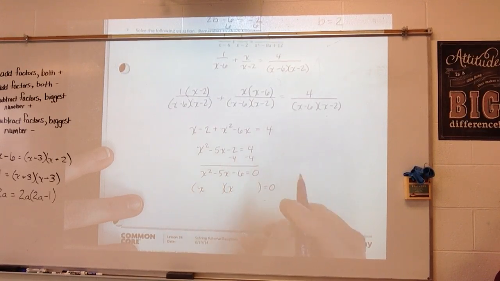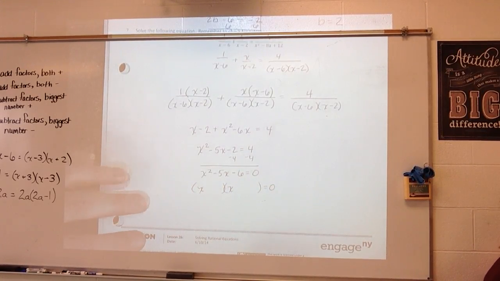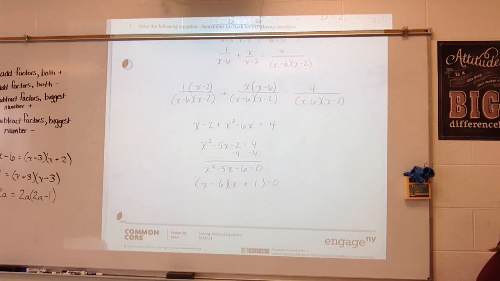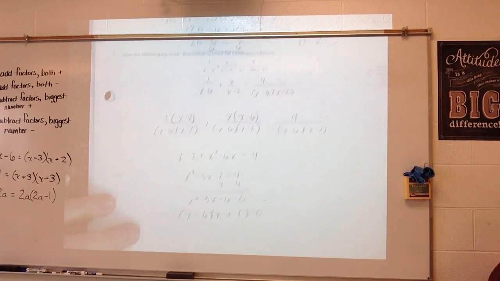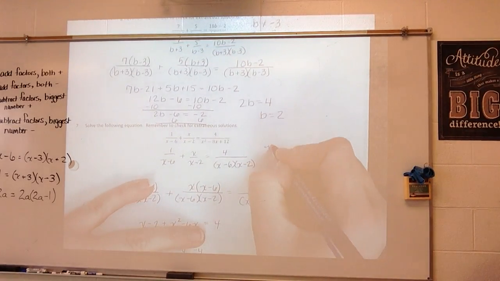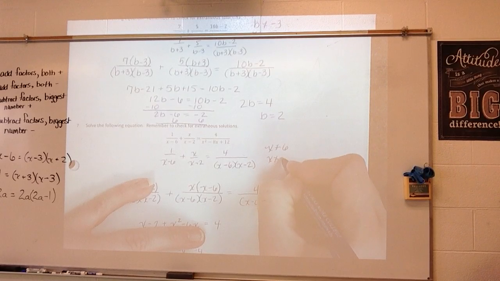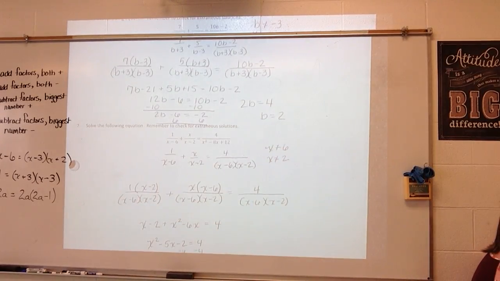X and x. I'm going to subtract my factors of 6 to get 5, so 6 and 1. Alright, so here we forgot to say that x cannot equal 6 and x cannot equal 2.